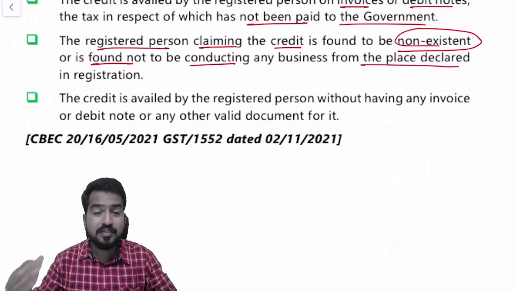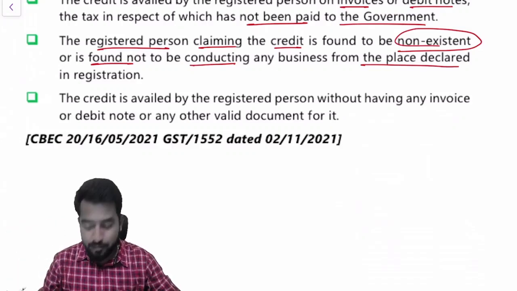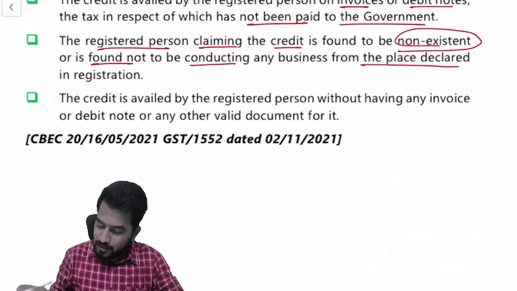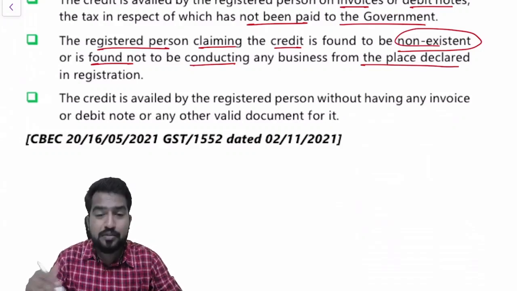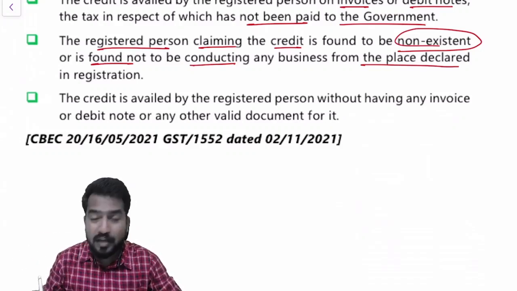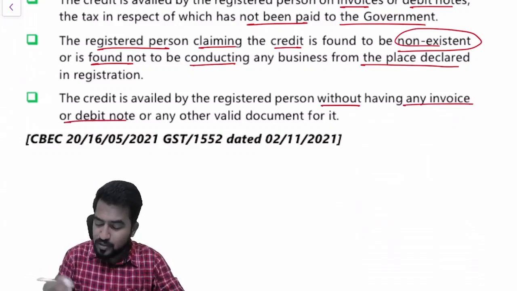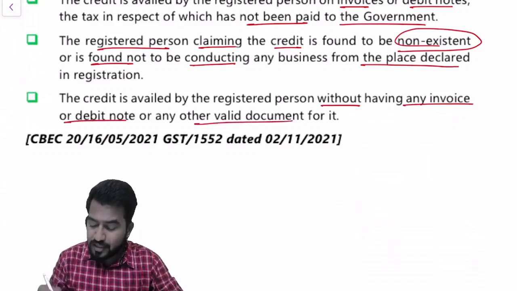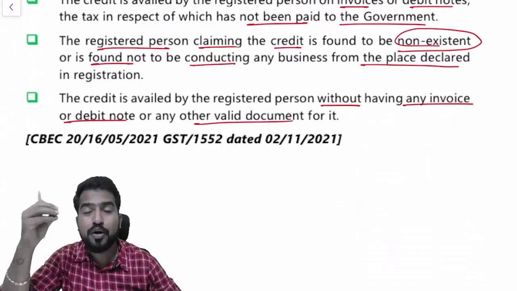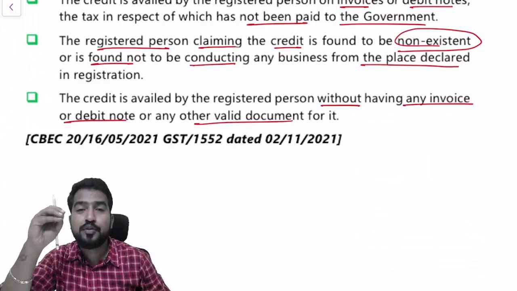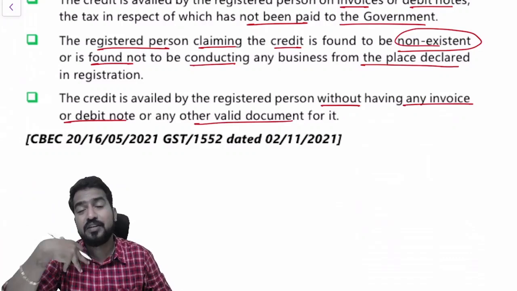Fine. What is the last reason on which ground the commissioner may disallow the credit? The credit I am availing without having any documentary evidence, without any invoice or debit note or any other valid document. No documentary evidence with me to show that, sir, based on this documentary evidence I am availing.